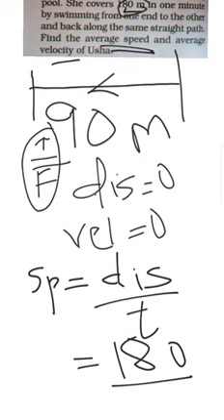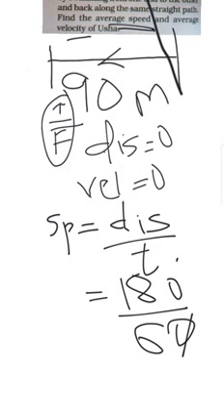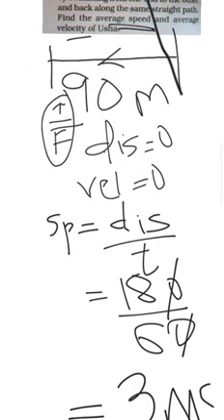We know that 1 minute is equal to 60 seconds, so we write 60 here. By cancelling out, we get the answer, 3 meters per second. The speed is equal to 3 meters per second.